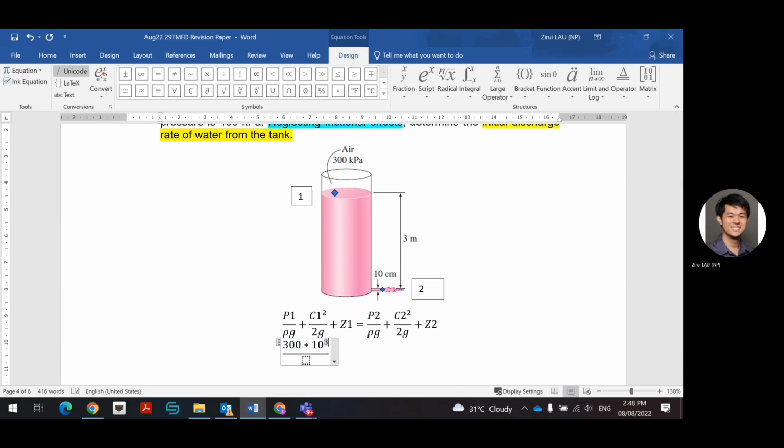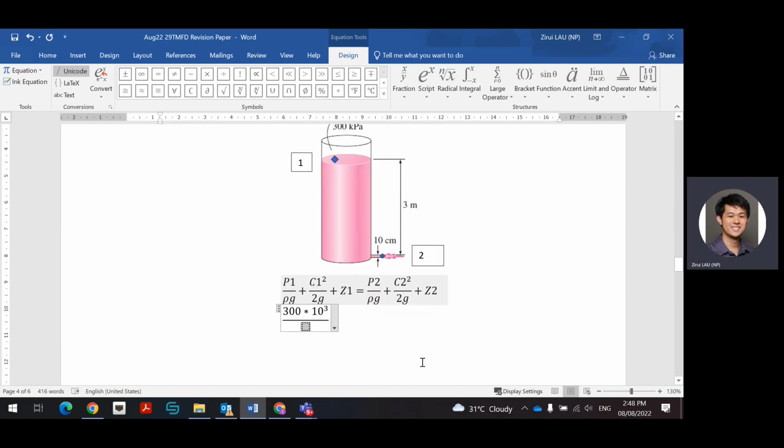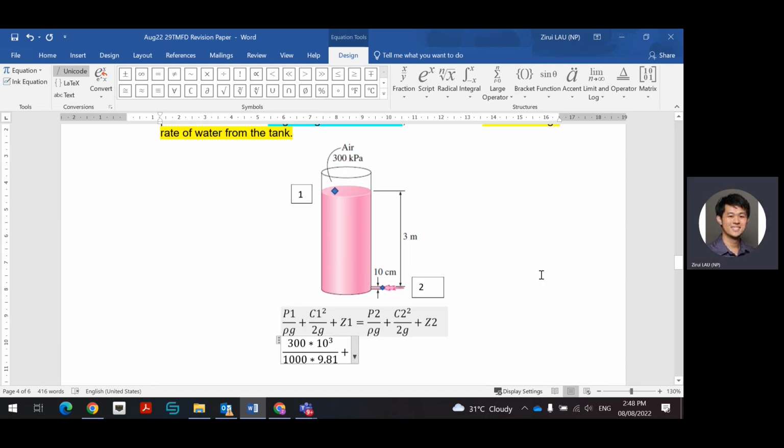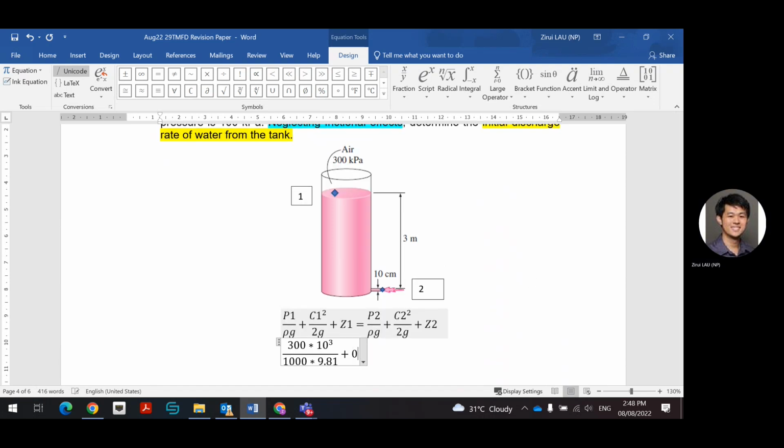Good. This one is water, right? Water, correct, 1000. C1, is there any velocity at 1? No, correct.